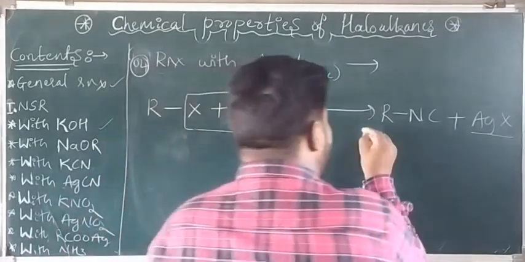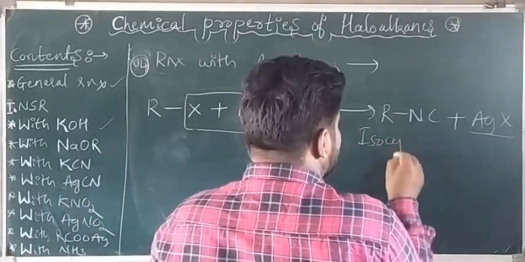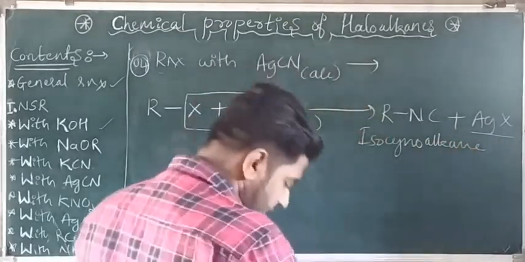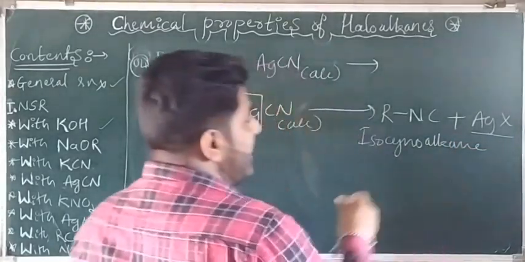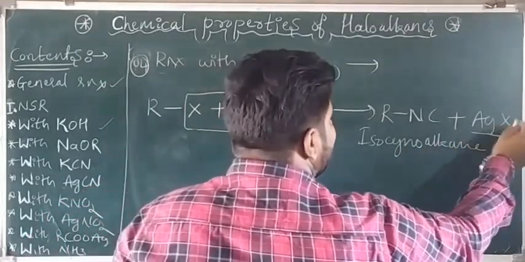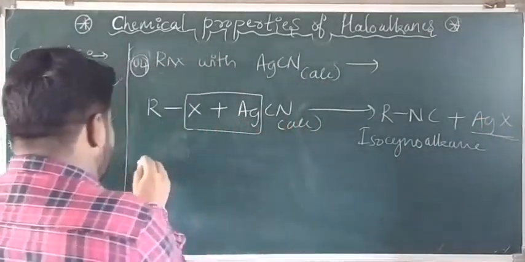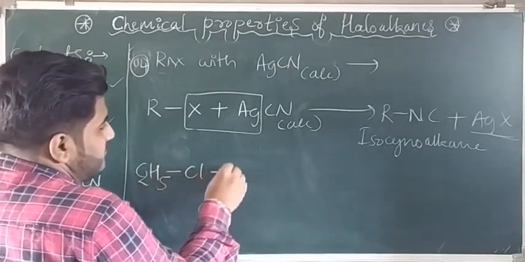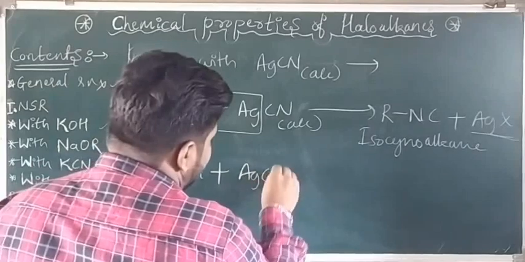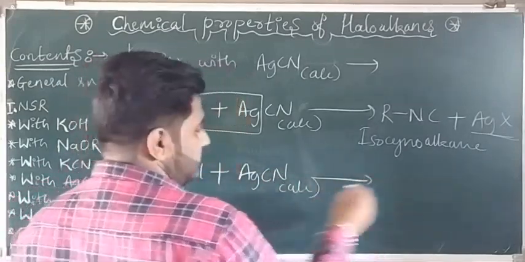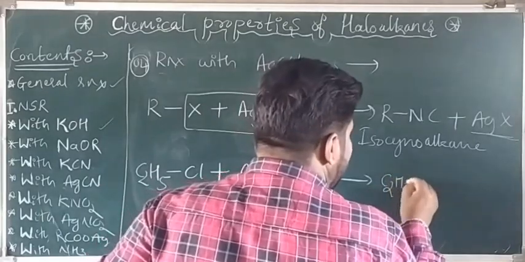This is nothing but isocyanoalkane. If you take an example, ethyl chloride plus silver cyanide, we are getting C2H5NC.